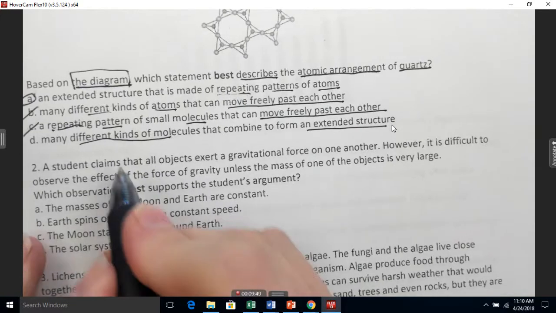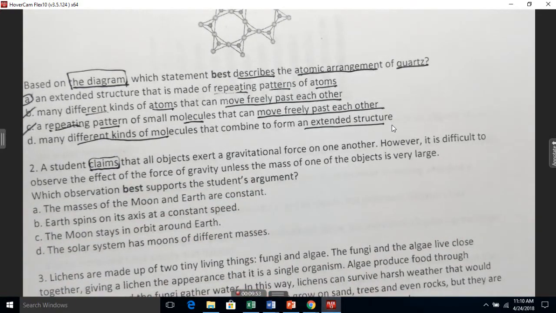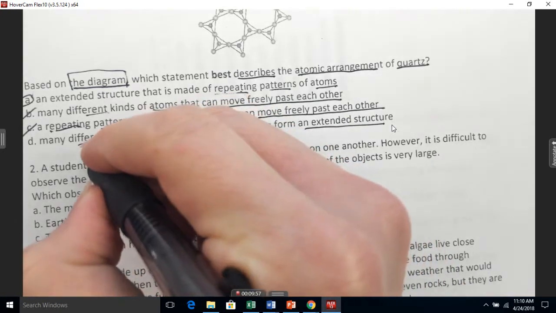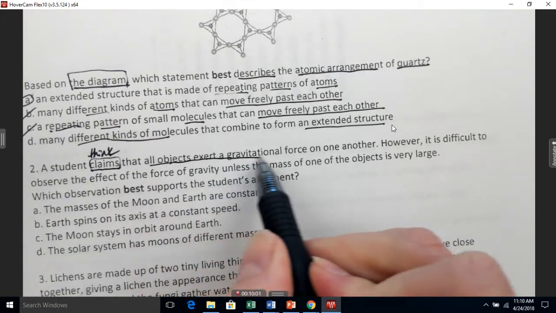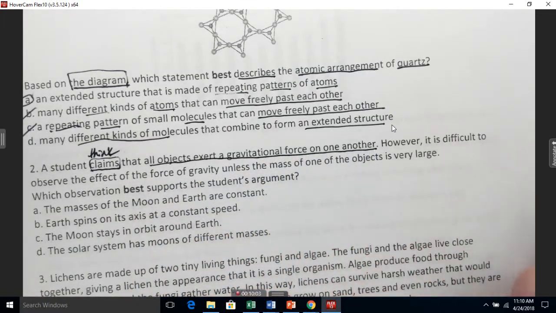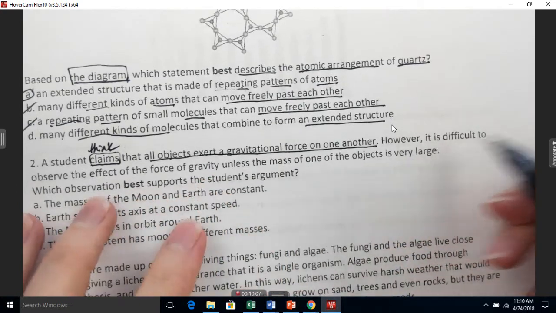Number 2. A student claims... Oh, what is claim? She studied what you think it's going to be, that all objects exert a gravitational force on one another. So a student thinks that all objects exert a gravitational force on one another.